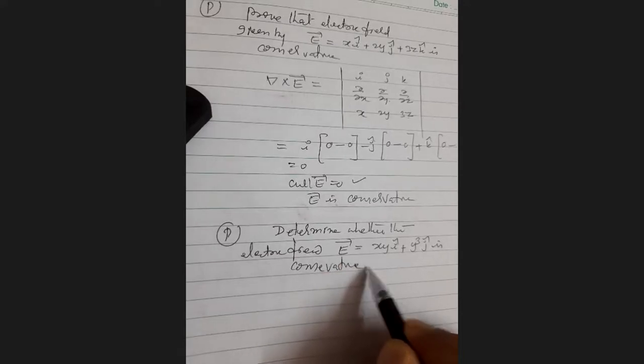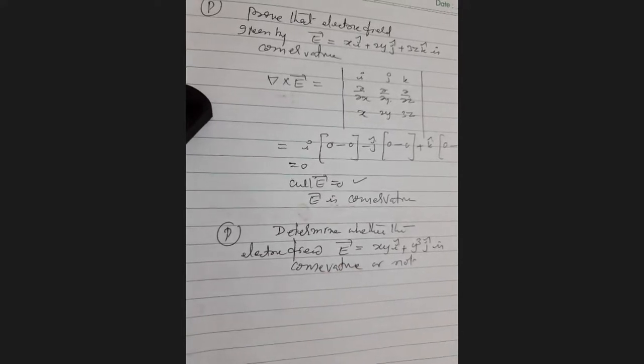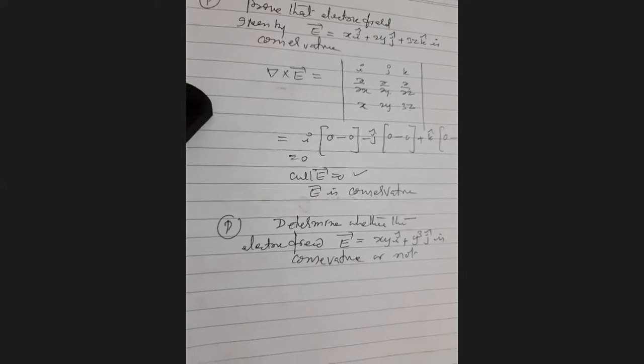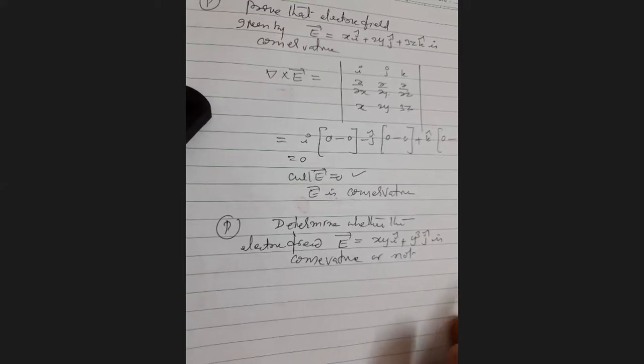We have to decide. So what is the condition required for the given field to be conservative? If del bar cross E bar equals 0, then we say that it is a conservative field. If del bar cross E bar is not equal to 0, then the given field is said to be non-conservative.